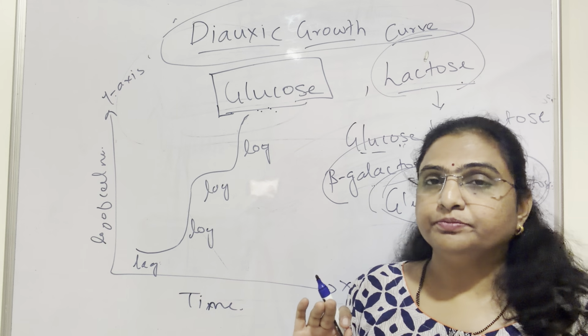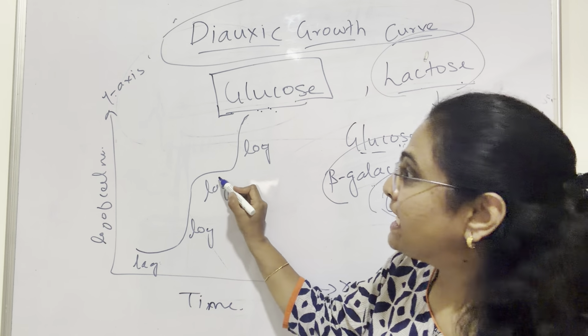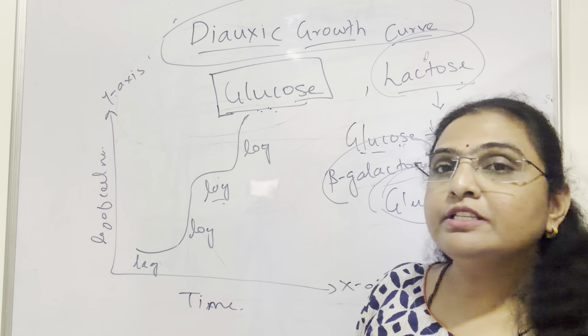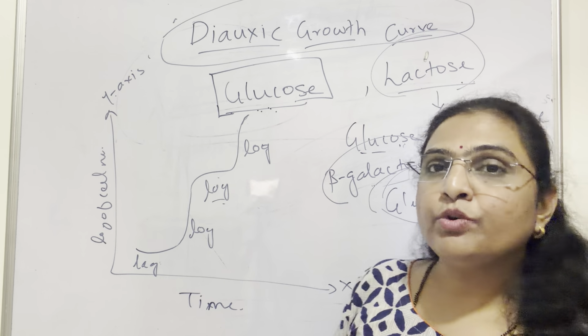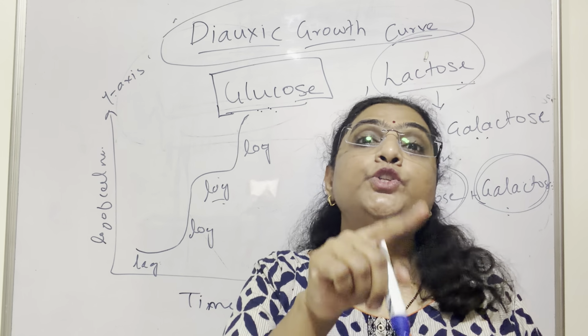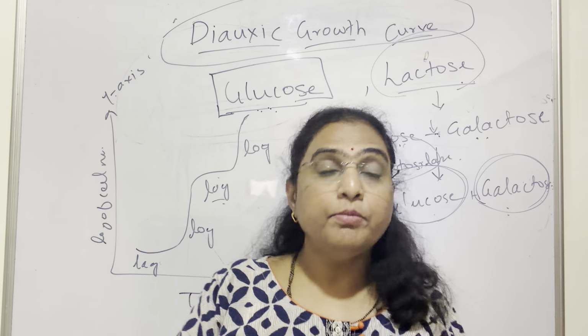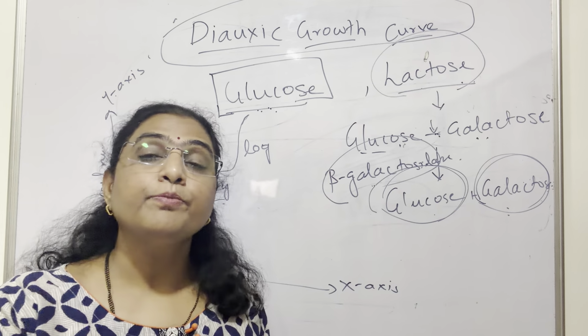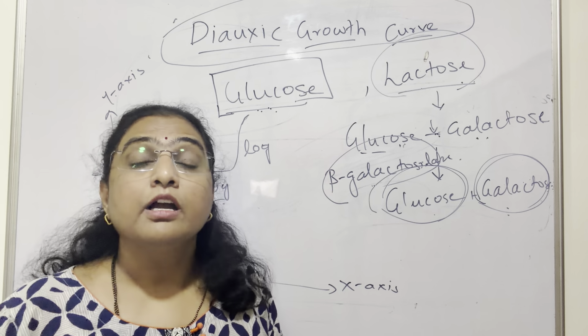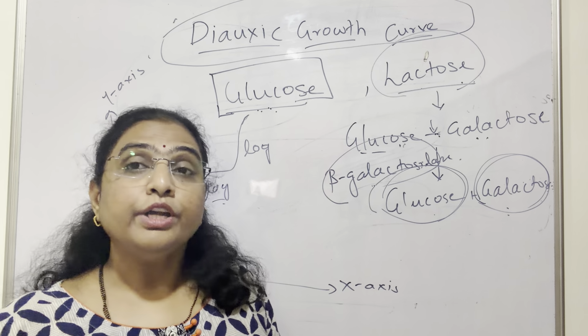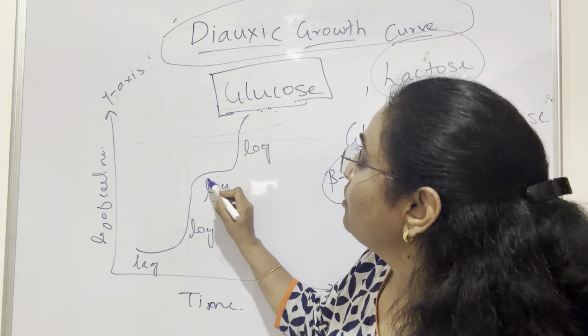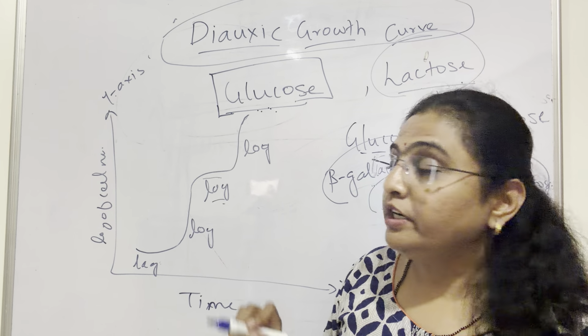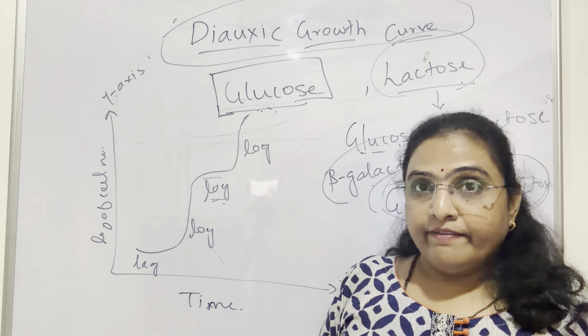Now here, in this second adjustment period, which is a lag phase, what is happening? There will be the switch on of the lac operon. Why? Because beta galactosidase has to be synthesized, which is a product of LacZ, which comes under the lac operon. So there will be the switch on of the lac operon in this lag phase.